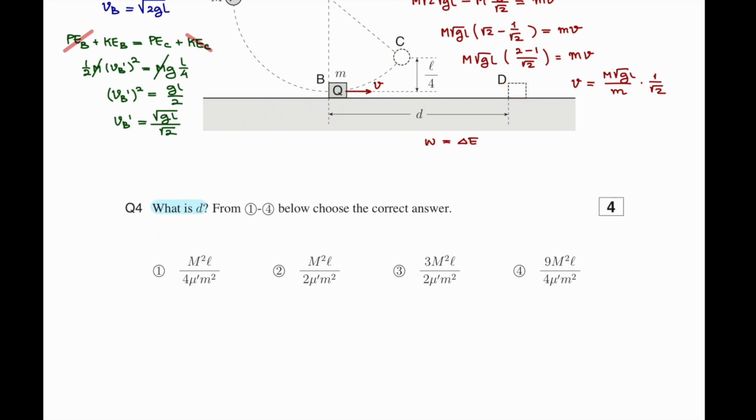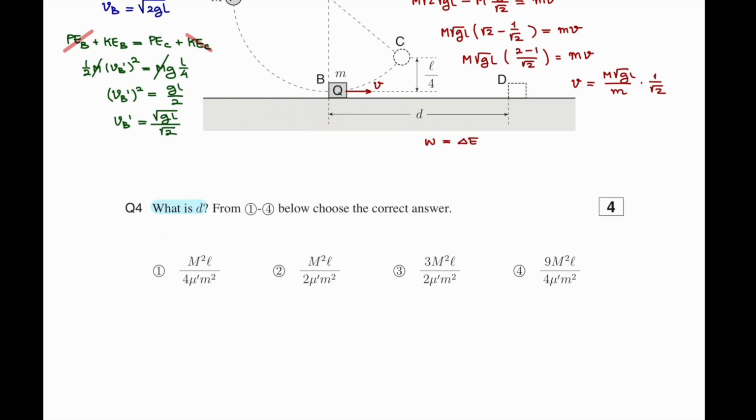That means the kinetic energy of object Q is taken out from this object. The kinetic energy is being used by work done due to friction. So work done due to friction is equals to the change of kinetic energy.